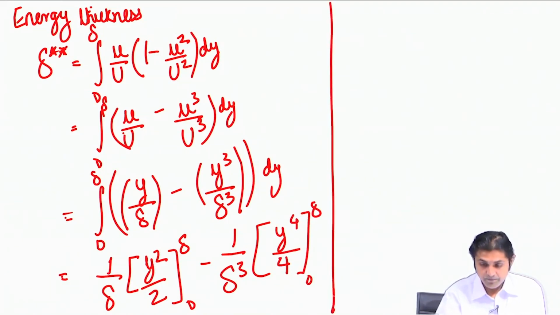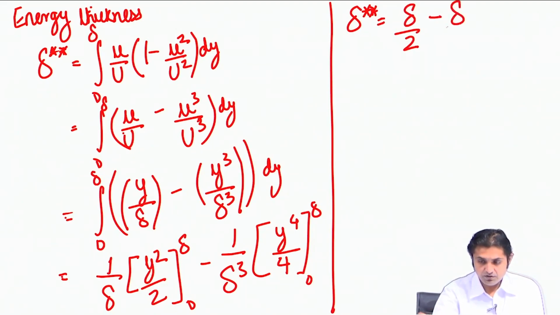And therefore, the energy thickness here comes out to be delta by 2 minus delta by 4, which is delta by 4.